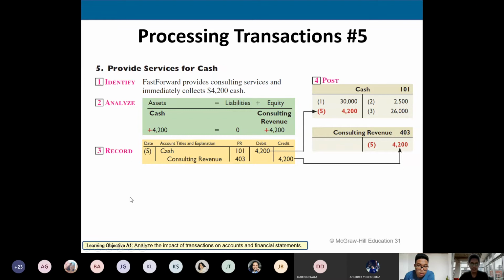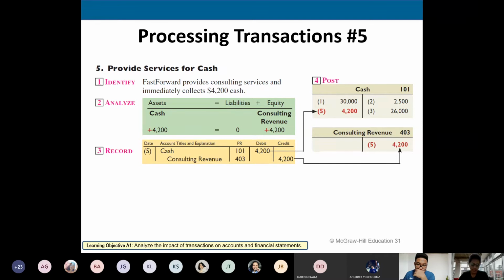So pag nag-render ka ng service, yung sinasabi natin previously, at binayaran ka. Actually, when you render a service, pwede nating matawag yun na revenue, tama ba? Or income para sa'yo.